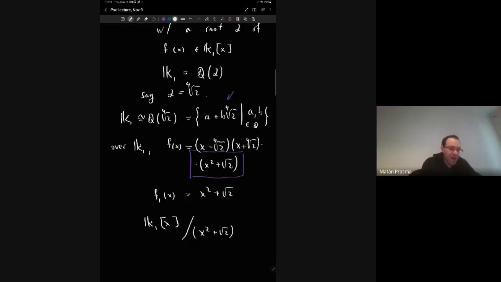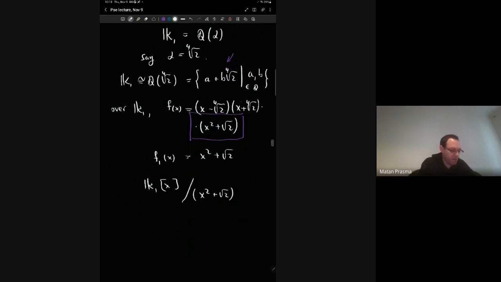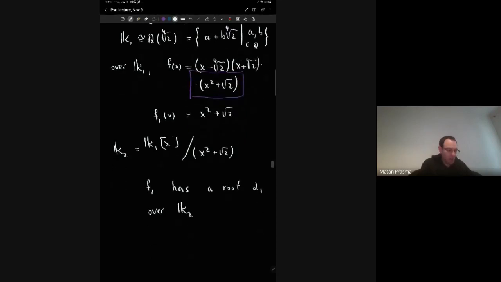Here I am guaranteed to have that F1 has a root, say alpha 1, over this new field, K2. And it means that K2 is the minimal extension of K1 containing alpha 1.